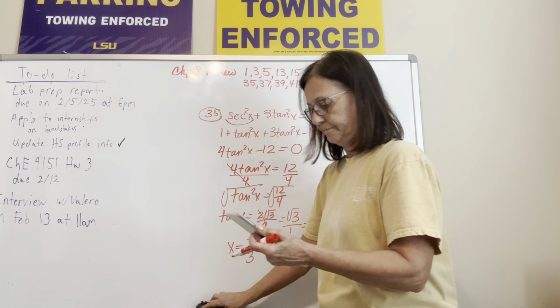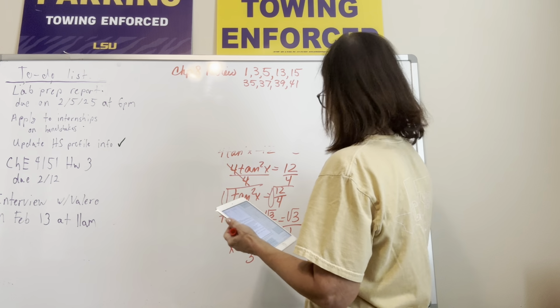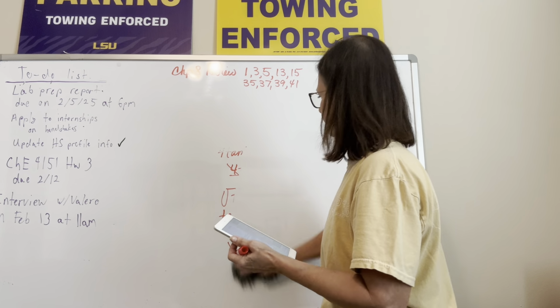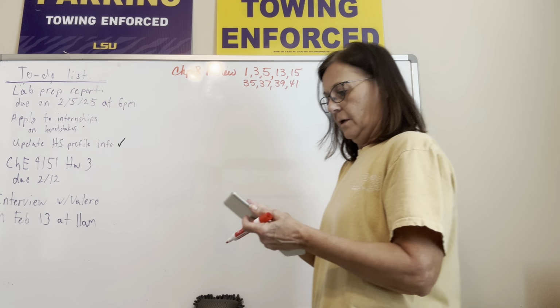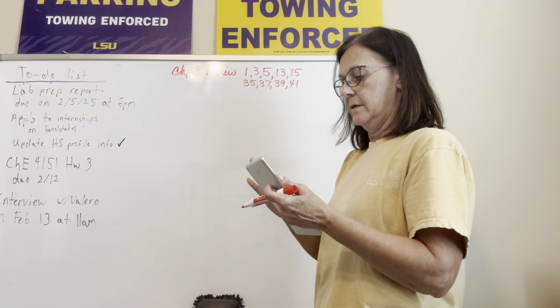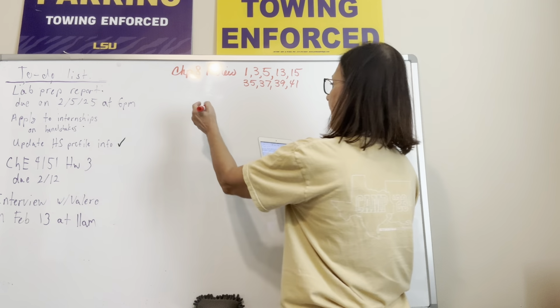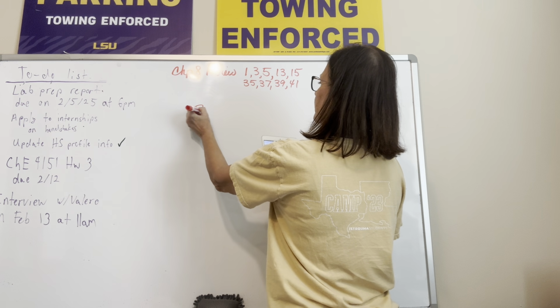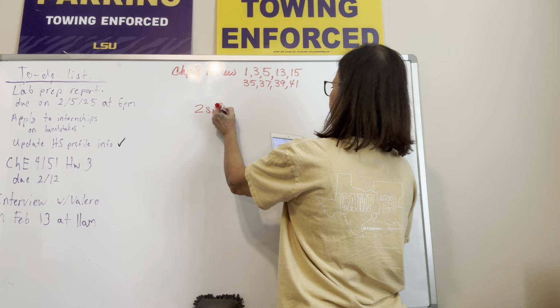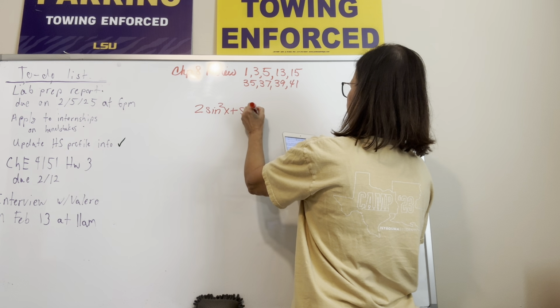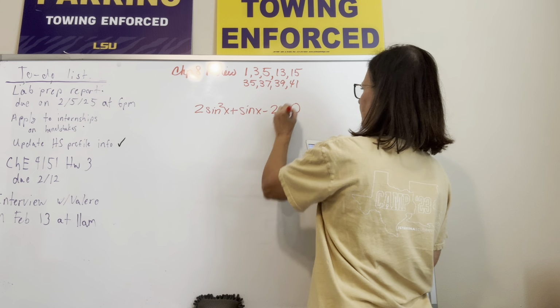All right, 37. Looks like a quadratic: 2 sine squared x plus sine x minus 2 equals 0.